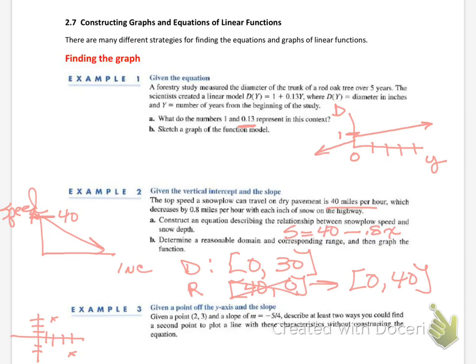Well, if you want to use point-slope form, let me back up a sec. My equation in point-slope form is going to be y minus 3 equals -5/4 times x minus 2.